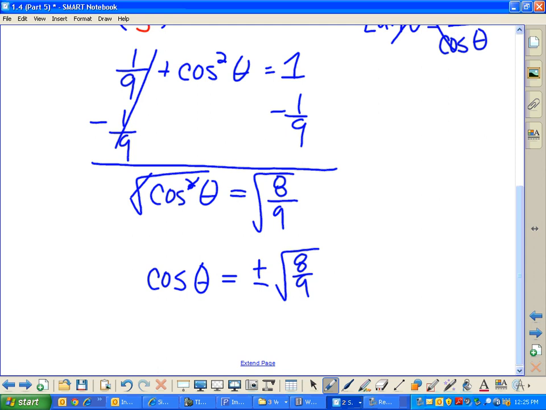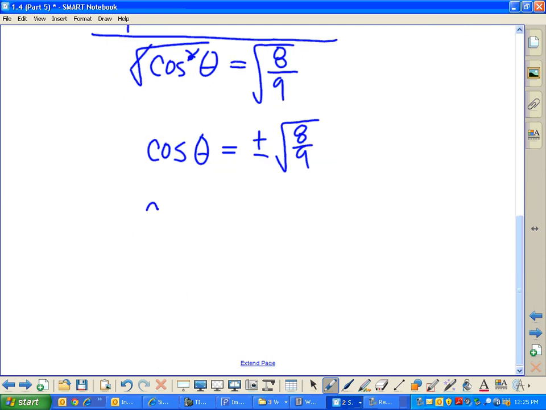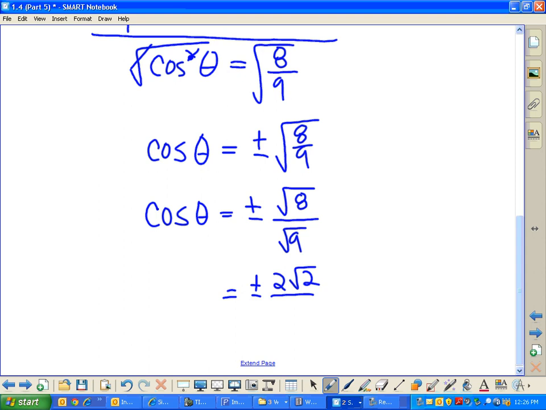So we have to simplify a little further. You might remember from your Algebra 2 class or your college algebra class, you can square root the top and square root the bottom using the quotient property for radicals. The square root of 8 is 2 root 2. The square root of 9 is 3.